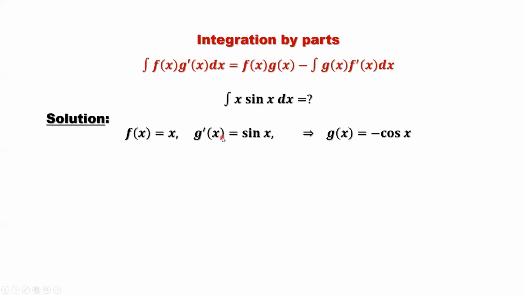Here, that's a g prime. We need to find a g. It's easy to see that g of x equals negative cosine, because the derivative of negative cosine x equals sine x.